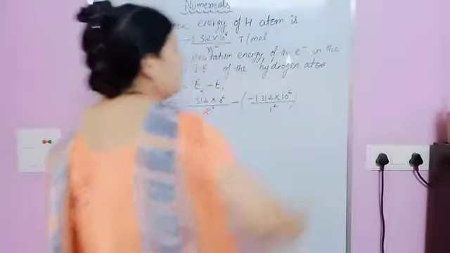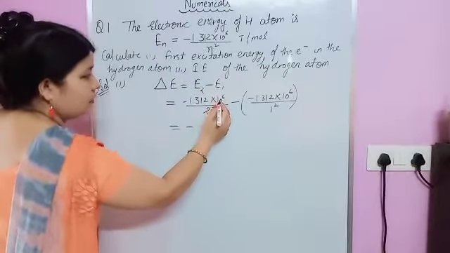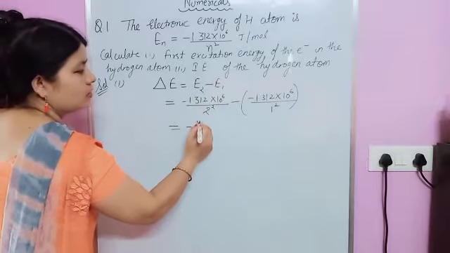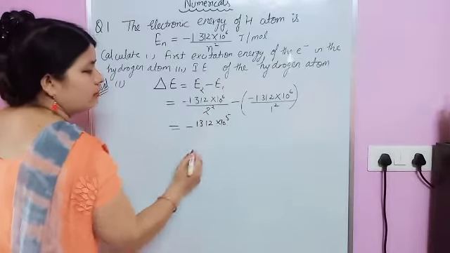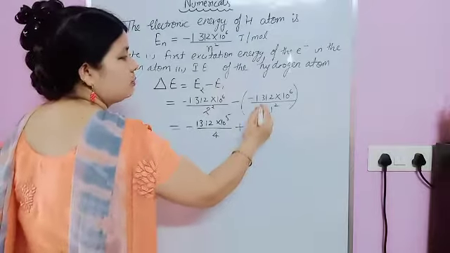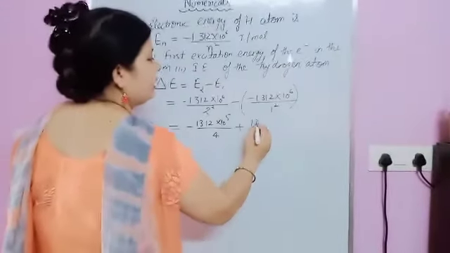Now solve it. This becomes 4, and 1.312 converts to 13.12 into 10 raised to power 5, divided by 4. Minus minus becomes plus, and convert this also into 10 raised to power 5 to make the addition easy.